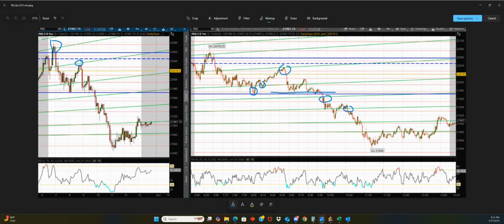Again, that area on the 5 minutes is here. So the market dropped, we tried to retrace it, but it wasn't successful going higher. And boom, it dropped, kept going down. And it bottomed actually right there at that level.